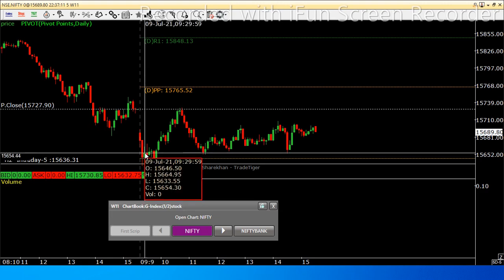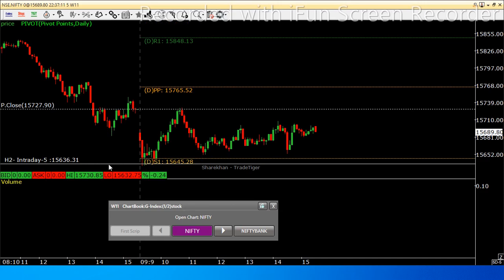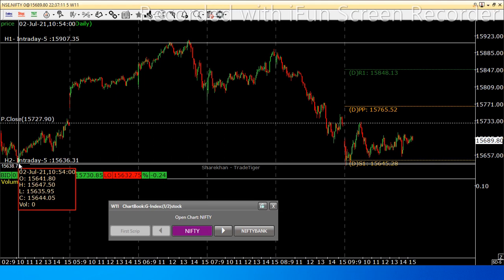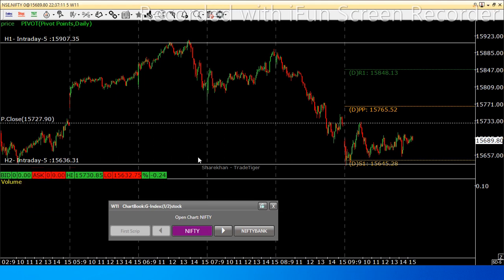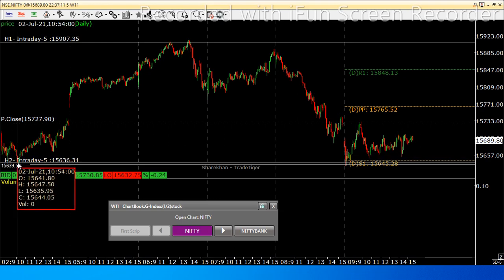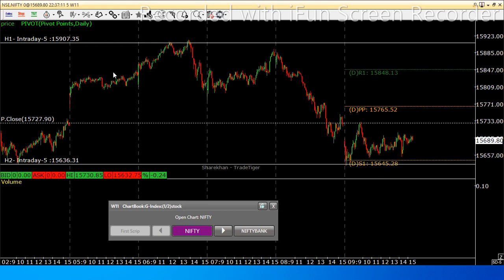So 15,633, and previously also it was somewhere here, exactly 15,635. This zone last time, on the 2nd of July, also took support here, and it continued to have a rally and a sideways market, then it started falling from here in a continuous fall.